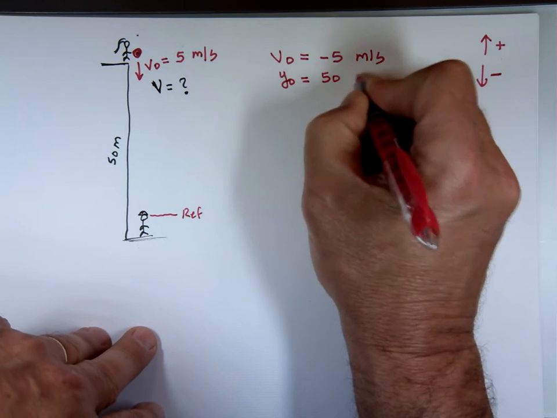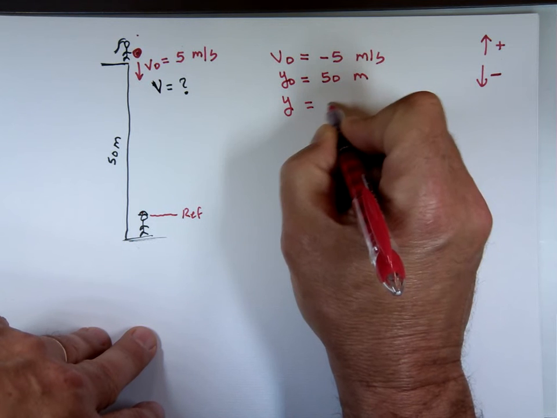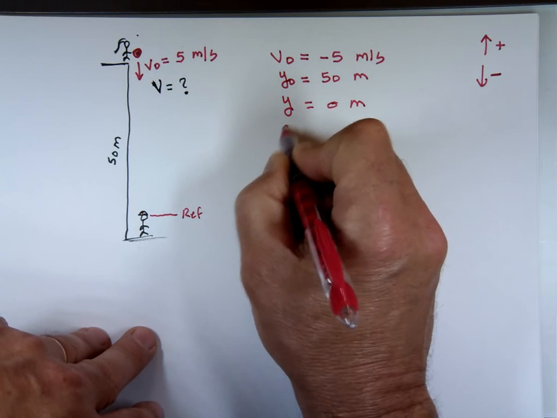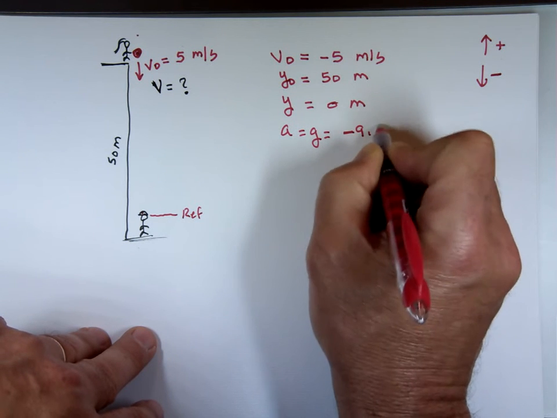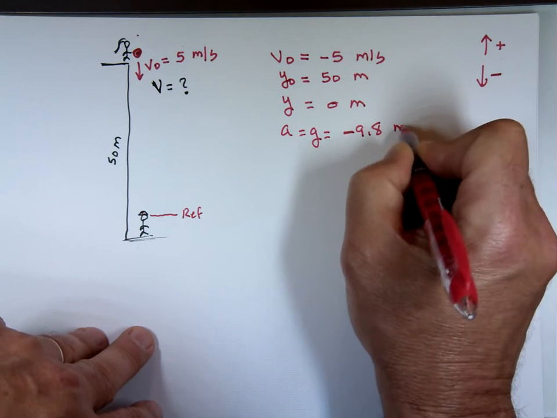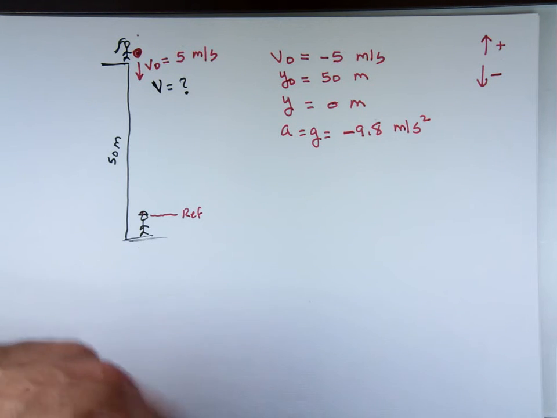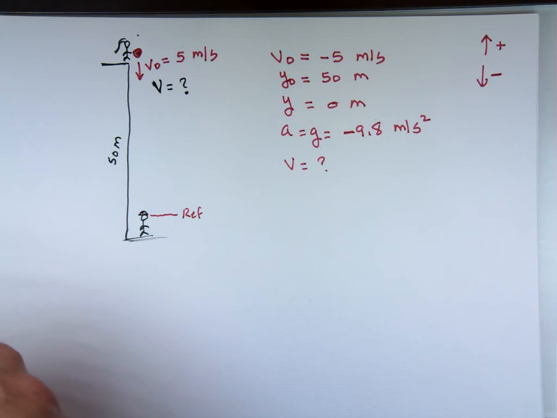What was the final height when it hits the teacher's head? 0 meters. What is the acceleration? Yep. And we're looking for the final velocity, not the height.